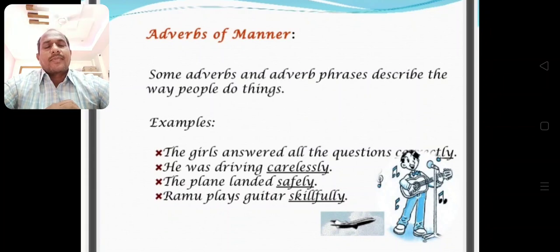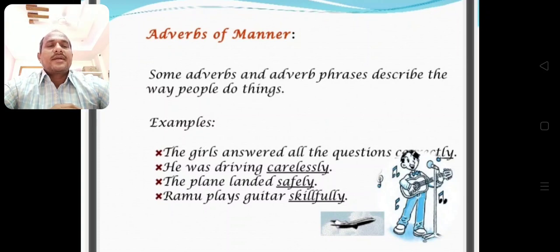Correctly. He was driving carelessly. Here it describes the way he drives his car, carelessly. The plane landed safely. Here the plane landed at the airport safely. Ramu plays guitar skillfully.